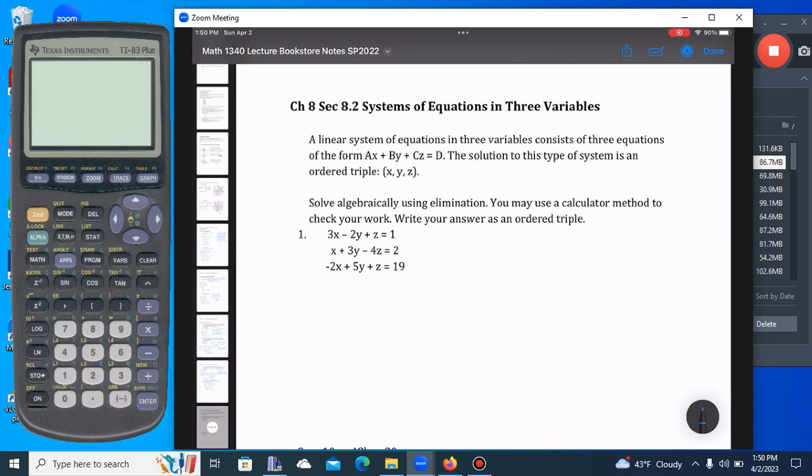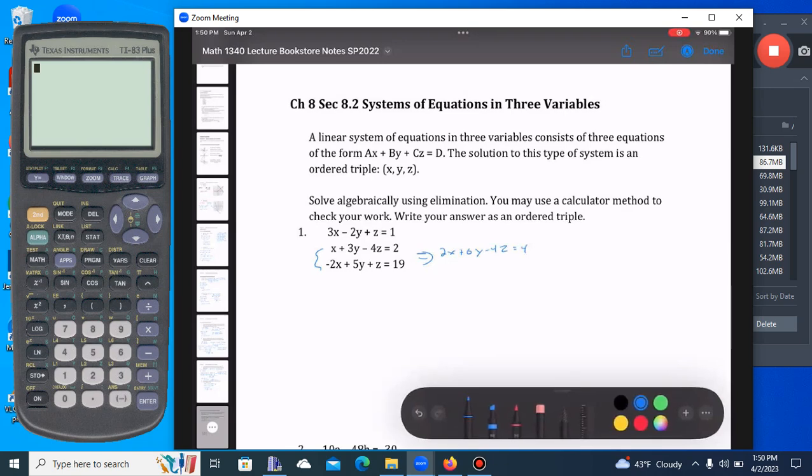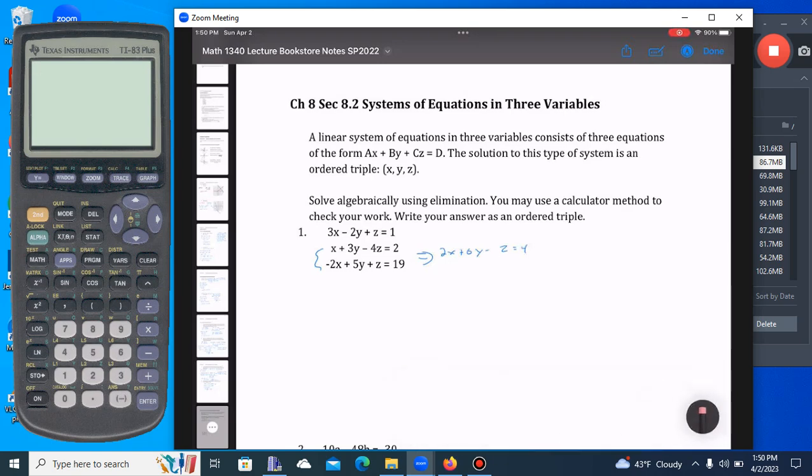So the first one I'm going to do is use these two equations, multiplying the middle one by 2: 2x plus 6y minus 8z equals 4. Gotta make sure you multiply everything by your 2.